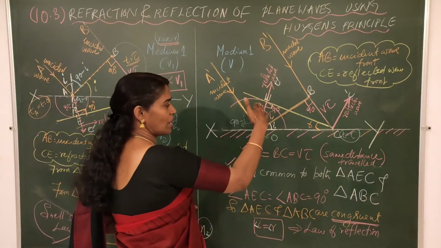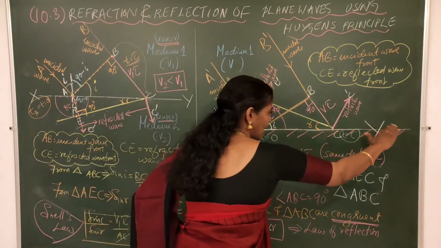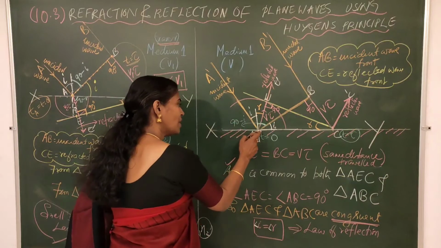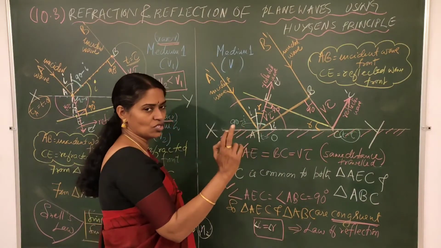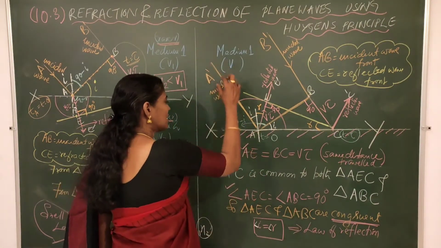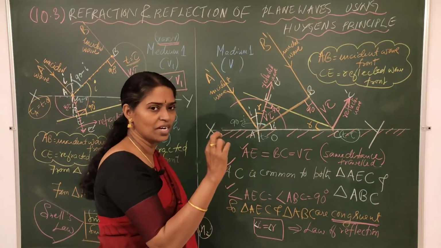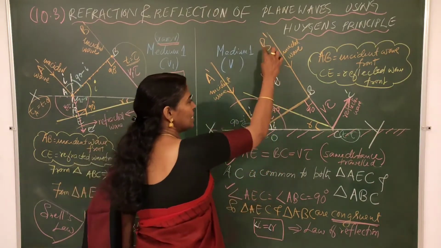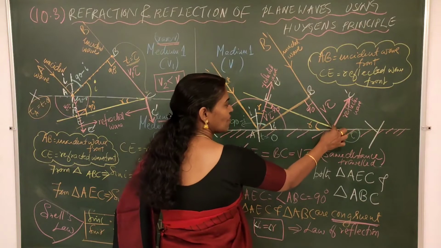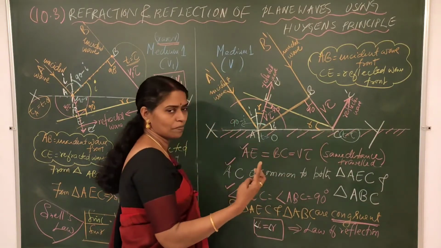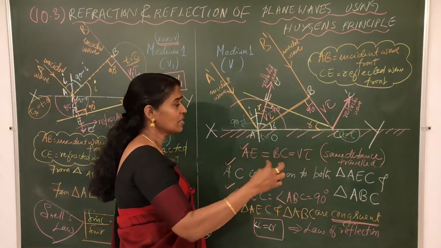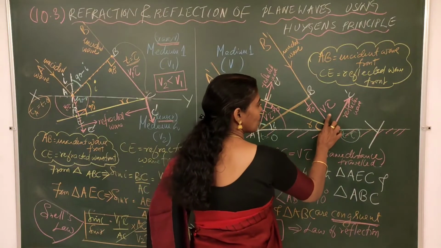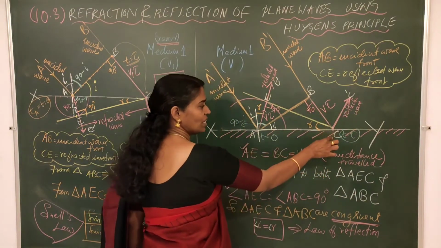These two waves come and fall on the surface XY. At the point A, when t equals 0, A'A has already come to the surface XY, but B'B again has to travel V tau distance to reach C.